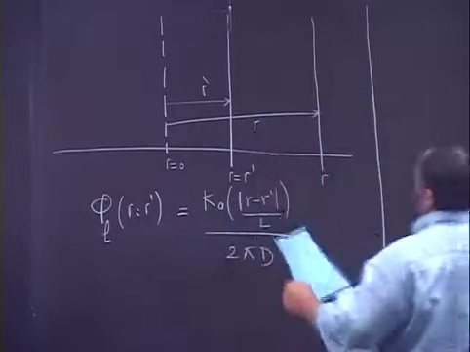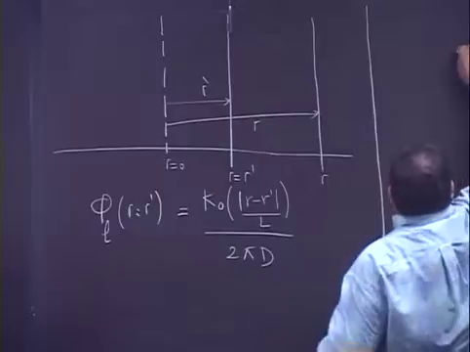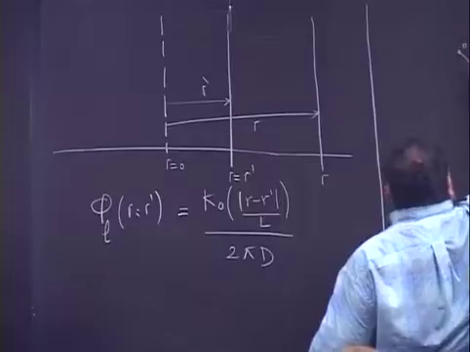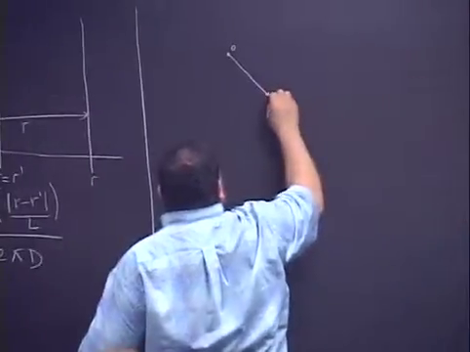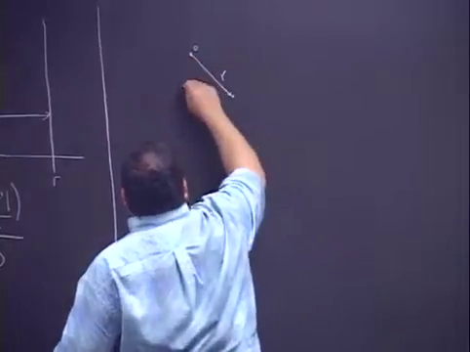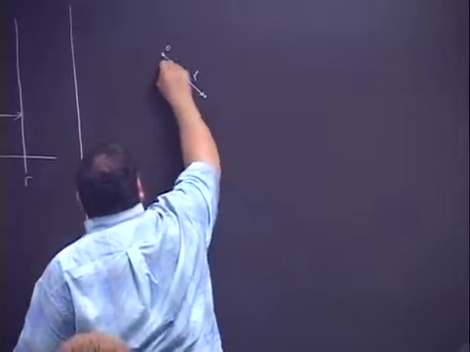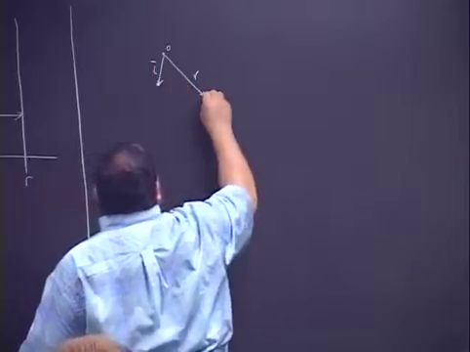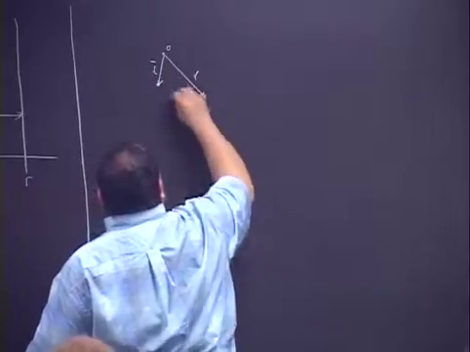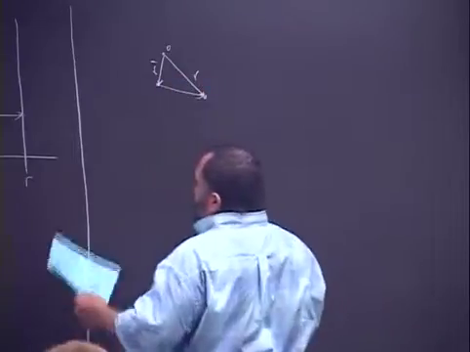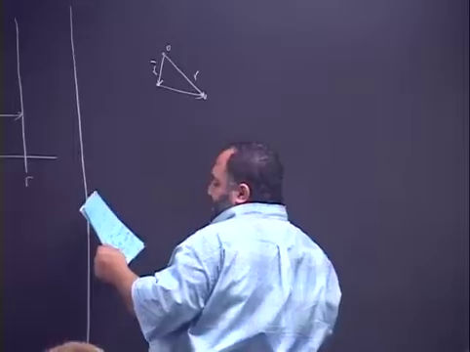And for a point source, last time the source was at 0 and we had the flux at a point r. What we will do now is put the source at r prime, and we want to get the neutron flux at point r. So this is a point source in an infinite medium.